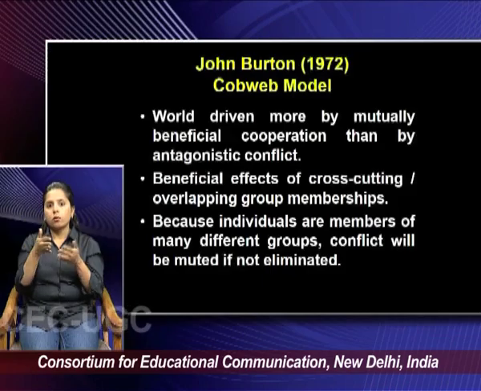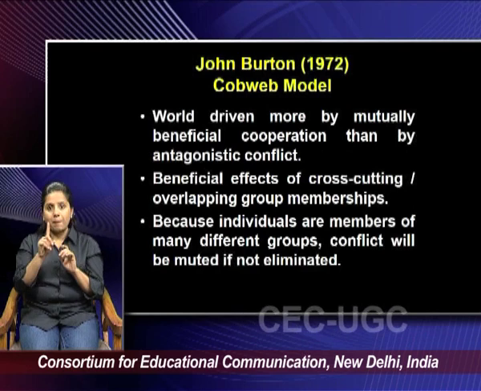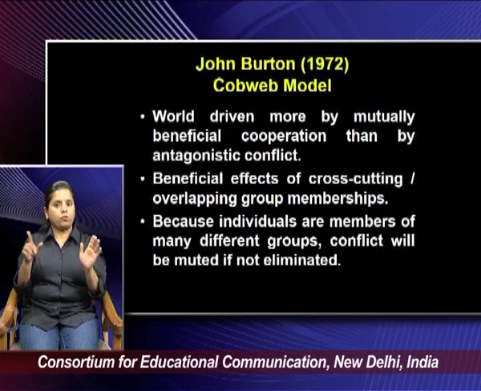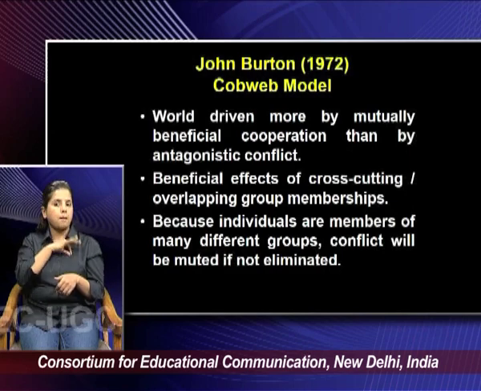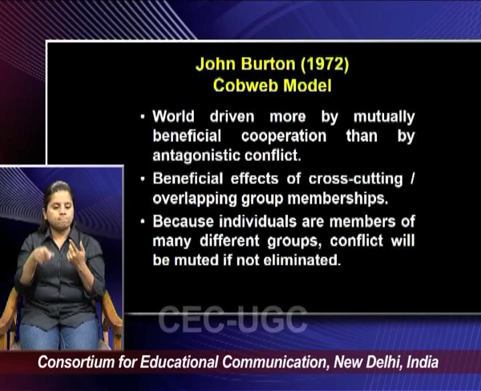Yet another thinker is John Burton. He talks about a cobweb model. By cobweb model, he means a world driven more by mutually beneficial cooperation than by antagonistic conflict. He believes that there can be beneficial effects of cross-cutting and overlapping group membership.